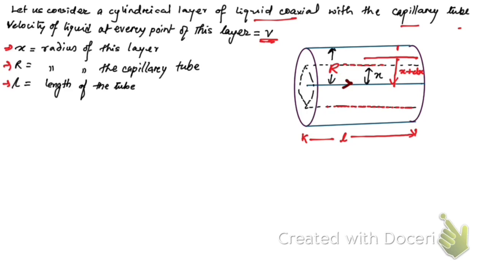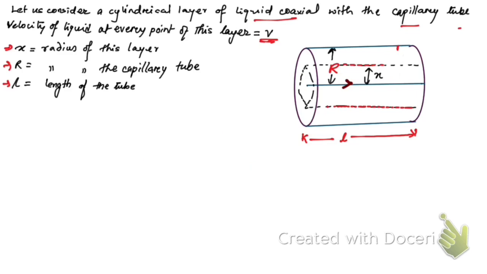When you come from this layer to this inner layer, the velocity changes by, suppose, dv. When there is a change in radius dx, the change in velocity is dv, and we are going to call this the velocity gradient. Hope you have understood this.